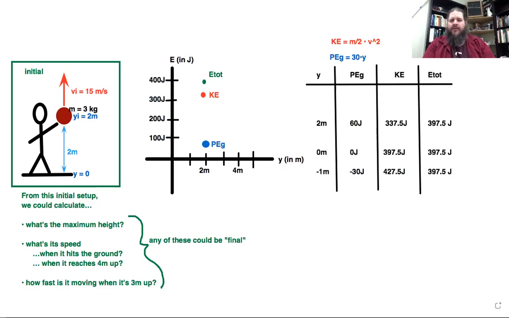And note that that's more than E total. It is certainly possible for kinetic energy to be more than E total, as long as it's possible for potential energy to be less than 0. That way they still add up to the right amount. So 397.5 isn't really the maximum kinetic energy. Kinetic energy could just keep going higher and higher if the ball is allowed to go underground. Any questions on that so far?